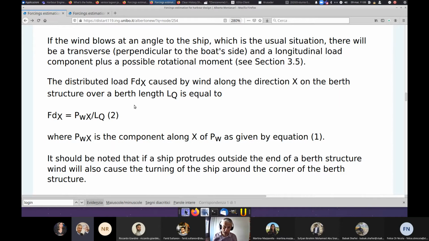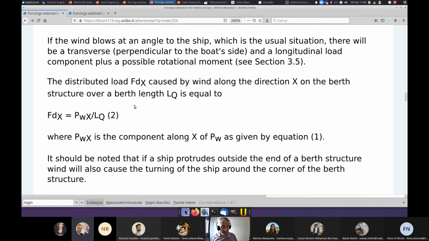And then, of course, the load is not uniformly distributed. It is concentrated over the mooring points. So computing the individual load per each mooring point is another story. We will see how to resolve it. It depends on the position of the mooring points, of course. But the distributed load is just given by the total divided by the size of the berth.